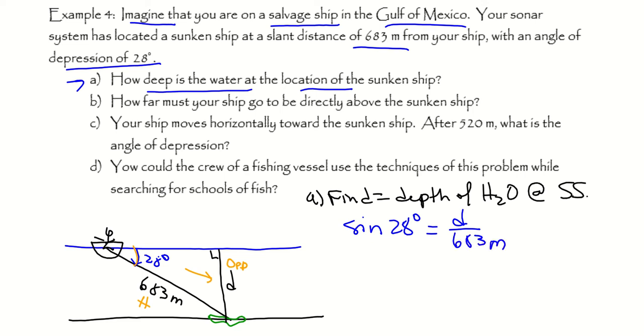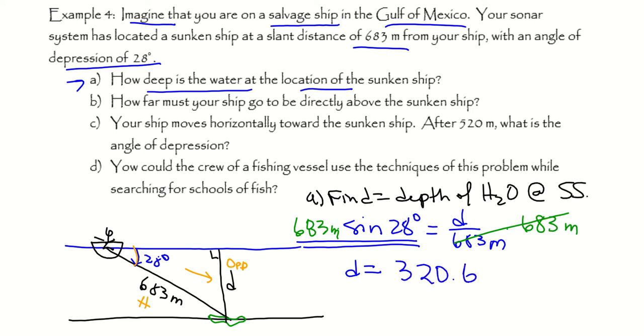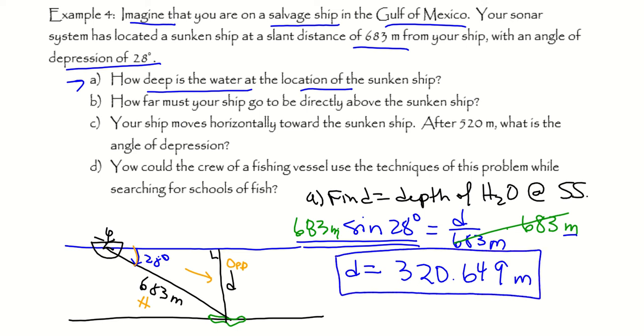If we multiply both sides by 683 meters, that divides out on the right, leaving us with D equals what we get when we multiply these two together. I put that in my calculator, and I get 320.649, and because this was in meters, this would be meters, and we have answered A.